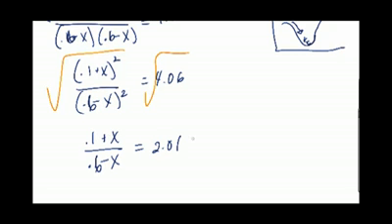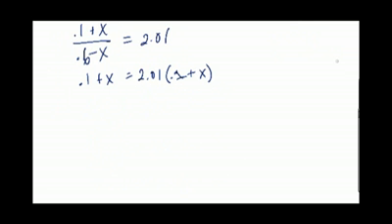Then you cross multiply, and then you're going to distribute this 2.01 to the 0.1 plus x, and you're going to get 0.1 plus x equals.